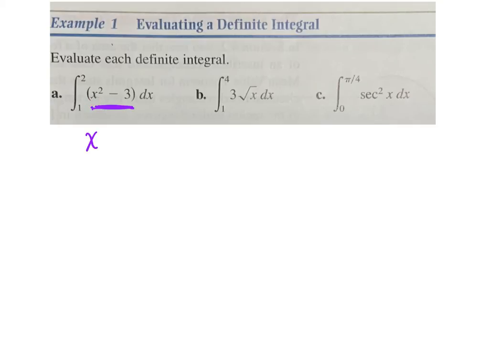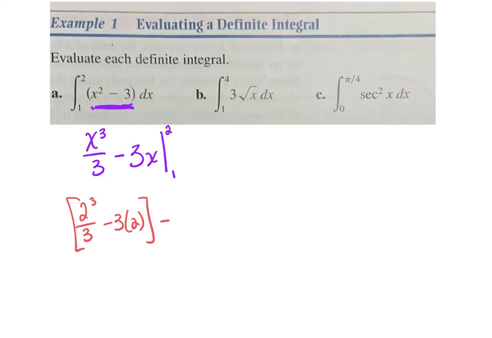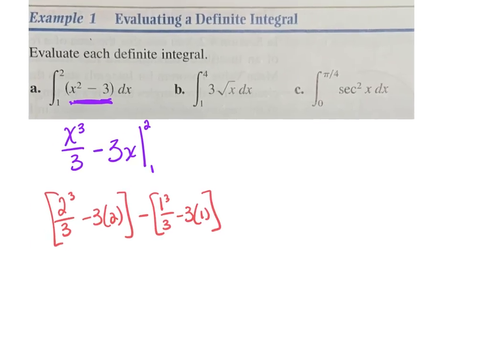So it's x cubed over 3 minus, and the constant is always just times the variable. I am going to go from 1 to 2. That's how the notation is usually done, with a little line from 1 to 2, and then you just plug it in. Plug in your 2: 2 cubed over 3 minus 3 times 2, and you subtract what happens when you plug in your 1. That will be our answer.